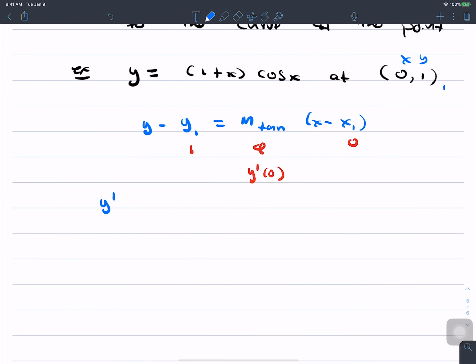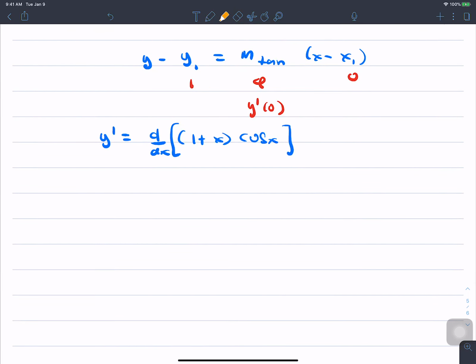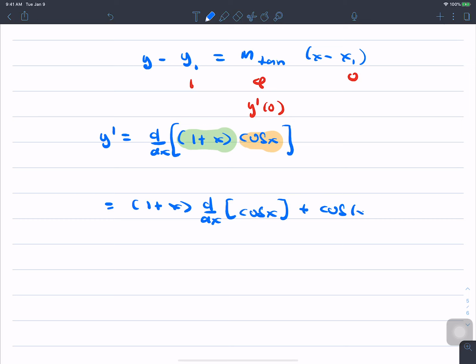So y prime will be the derivative of 1 plus x times cosine x. Product rule, ladies and gentlemen. First function, second function. So you're going to pull out the 1 plus x, you're going to differentiate cosine, plus cosine, and you're going to differentiate the 1 plus x.